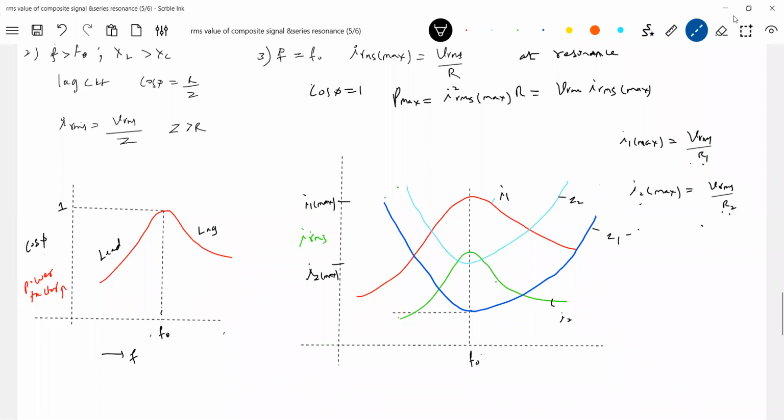Which is R1, which is R2? This should be R1, this should be R2, and this is I2 max. Try to make the observation, nothing big.